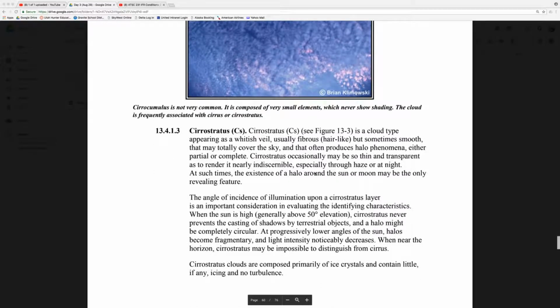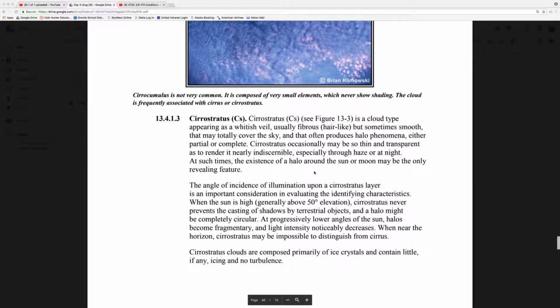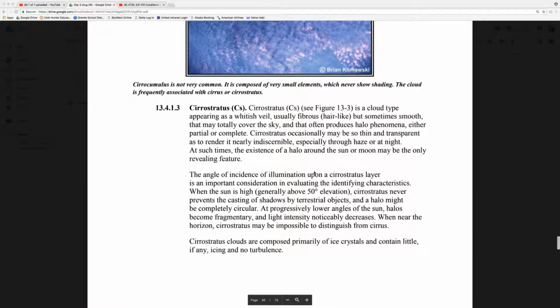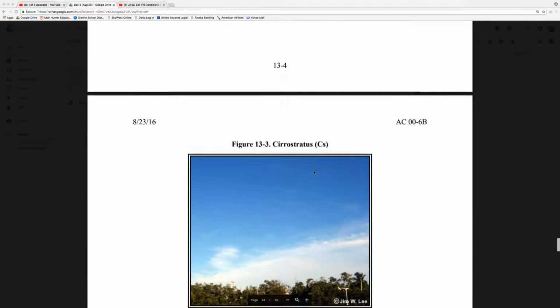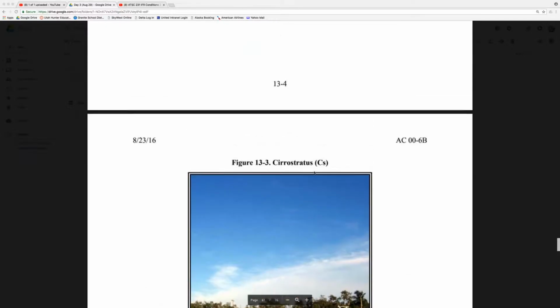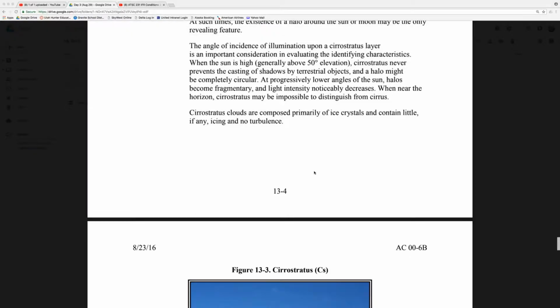So Cirrostratus. Okay. Appears as a whitish veil, usually fibrous, like hair-like, but sometimes smooth, that may totally cover the sky, and often produces a halo phenomenon. So, like I said before, stratus means layer or blanket, right?